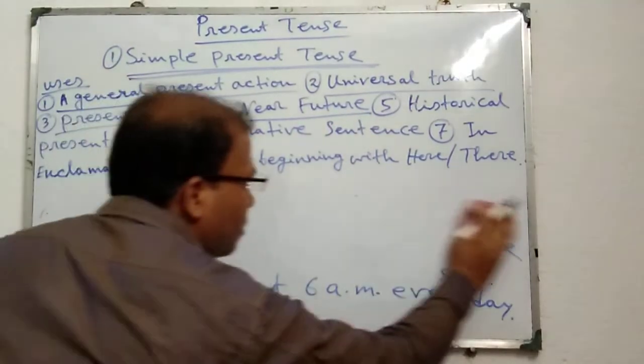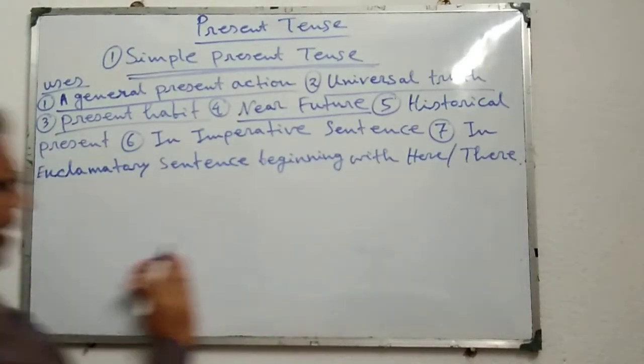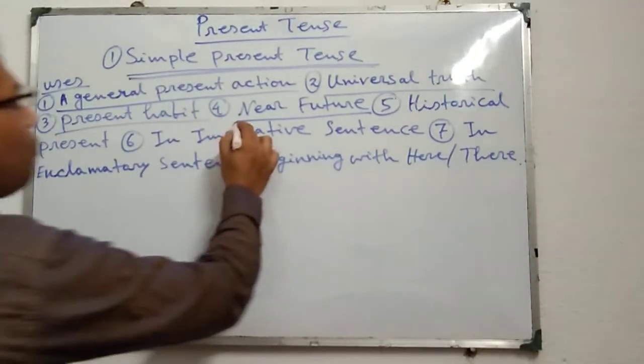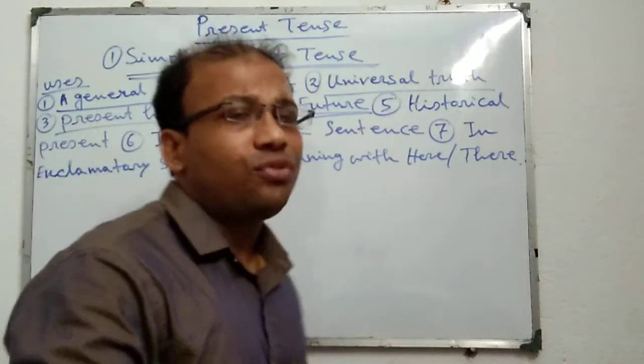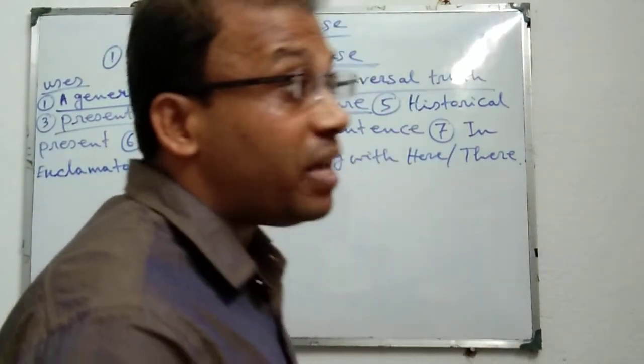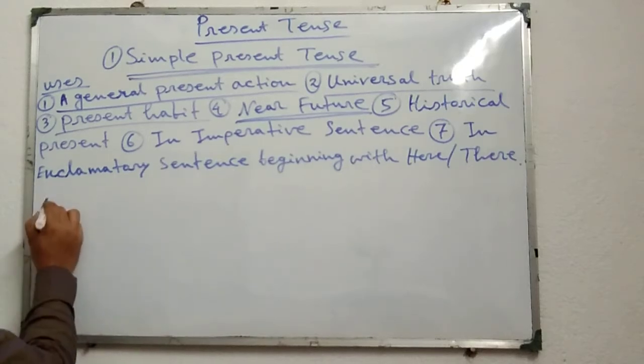Simple present tense is also used to express a near future that is a part of the present plan or present arrangement. One example I am giving here. Example number 4.